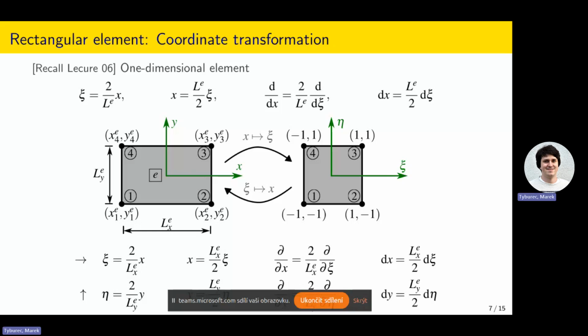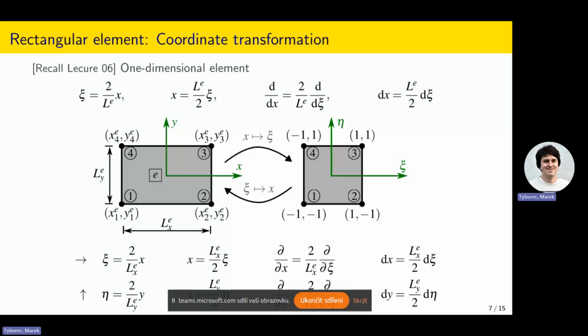And so what should this basis function look like for this one-dimensional element? For this one-dimensional element, we will define two basis functions. One of them is like this: a function that has value 1 in this first node and 0 in the other node.